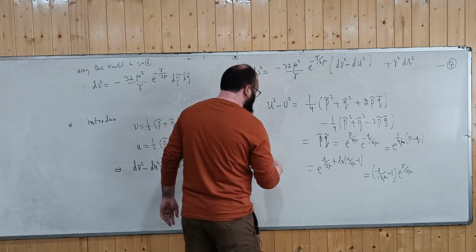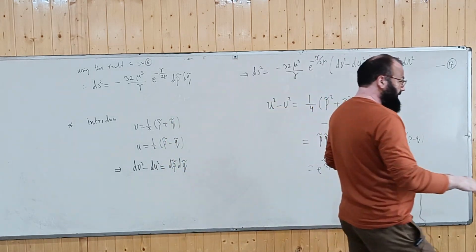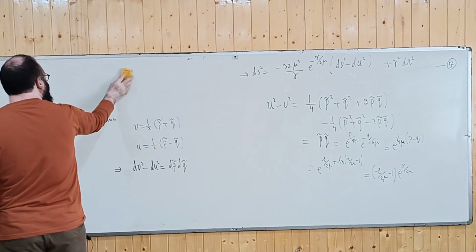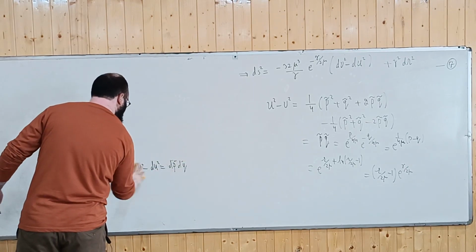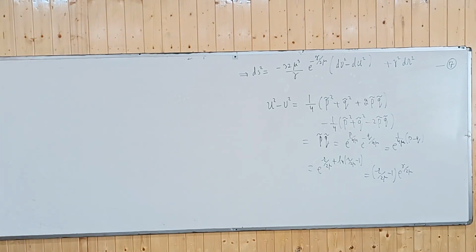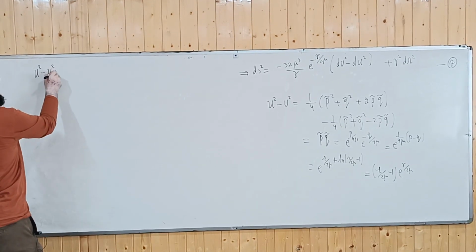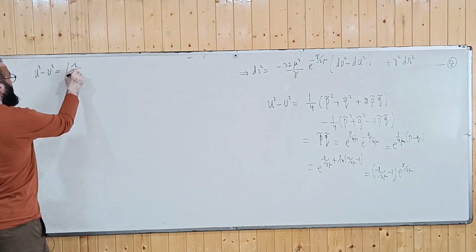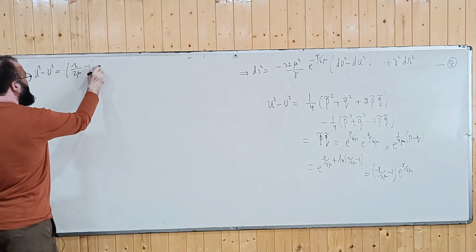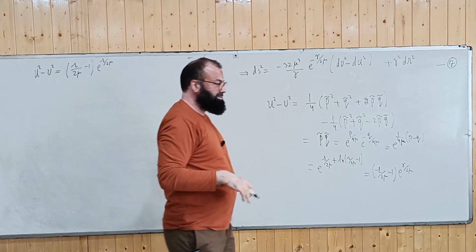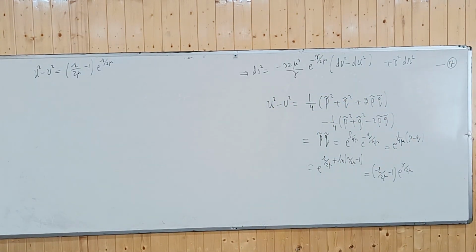So we have this formula: u square minus v square is equal to minus, r by 2 mu minus 1 times e raised to r by 2 mu.